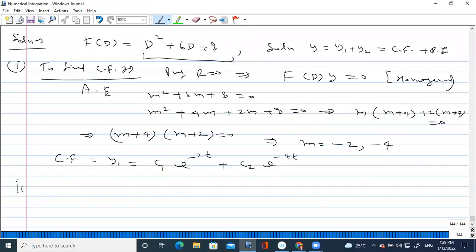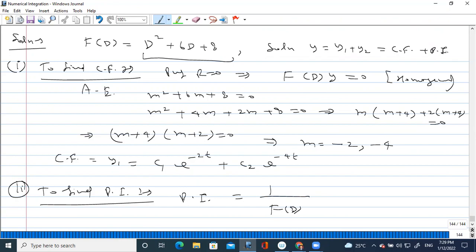Now the second question is how to find the particular integral. Your particular integral will be 1 upon F(D) into R. And what is R here?